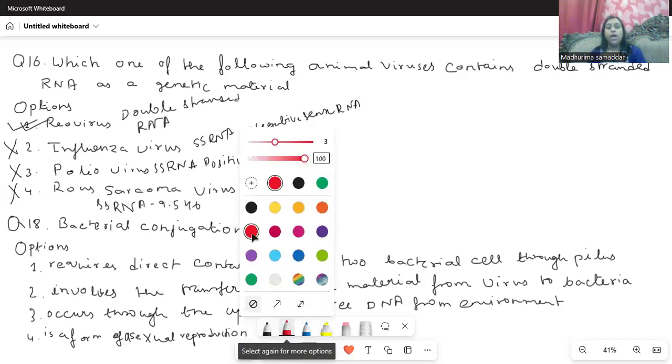Now, to answer this question, it is very important that we understand what is bacterial conjugation. Bacterial conjugation means there is a transfer of genetic material from one bacterial cell to other bacterial cell through contact.